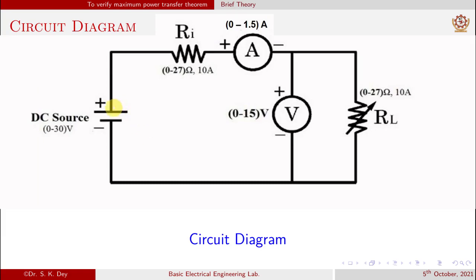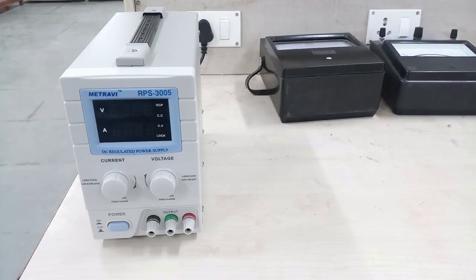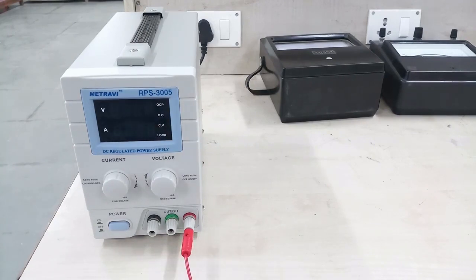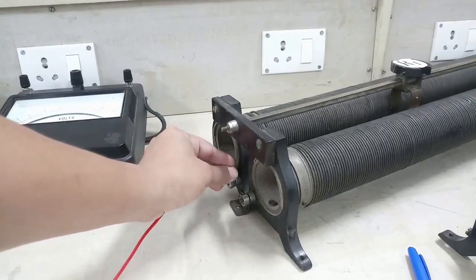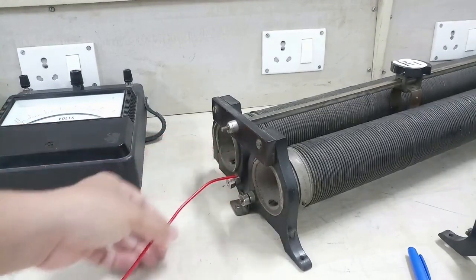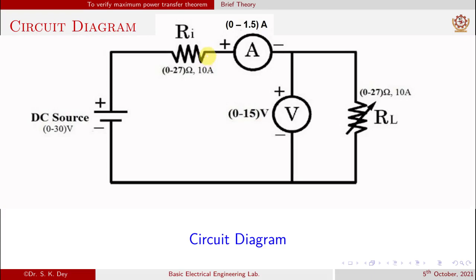As per this circuit diagram, we will connect the positive terminal of this DC source to the internal resistance Ri. From this DC supply positive terminal to this internal resistance Ri, the first terminal will be connected. Then from the other Ri terminal to the positive terminal of this DC ammeter will be connected.